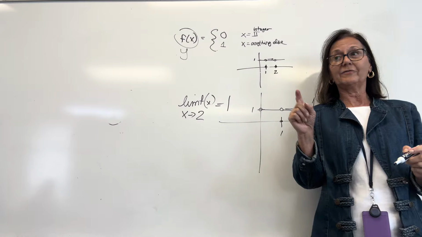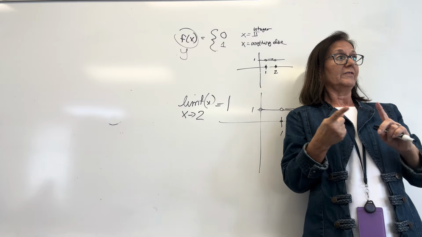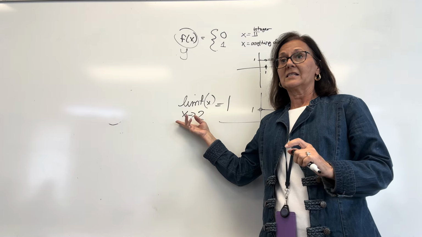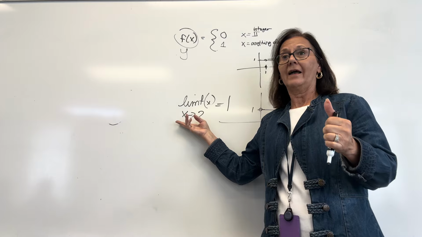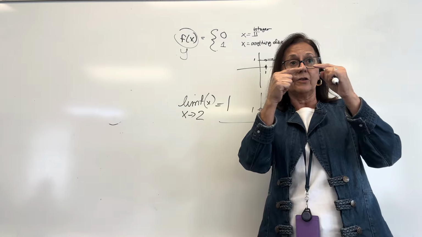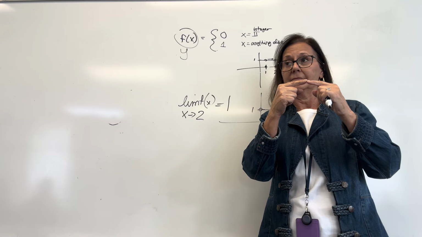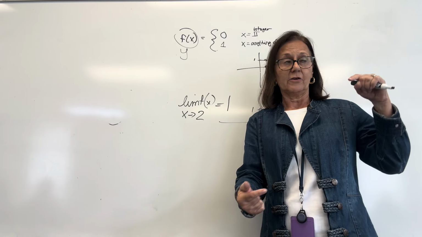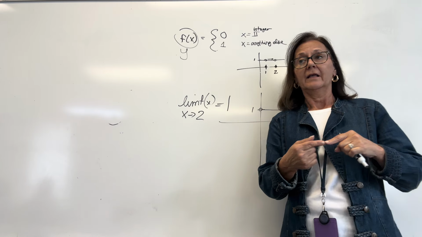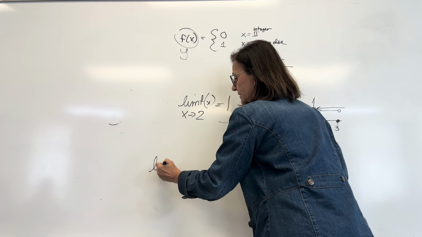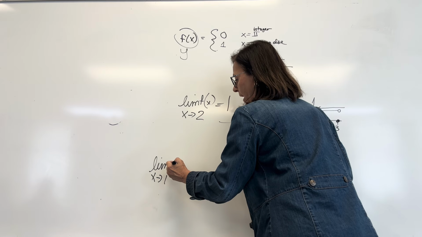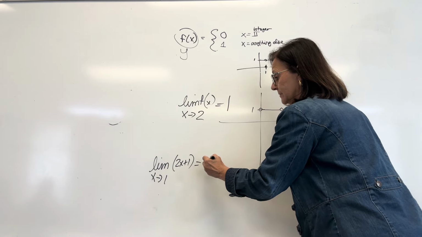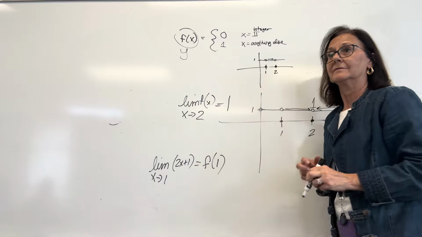So we've looked at 3 different types of situations. We've looked at one where the value x is approaching is not defined, so we look from the left and the right. We looked at the 2x plus 1 function, and it is defined. So from the left and the right, the limit as x approaches 1 of 2x plus 1 equals what f of 1 was.